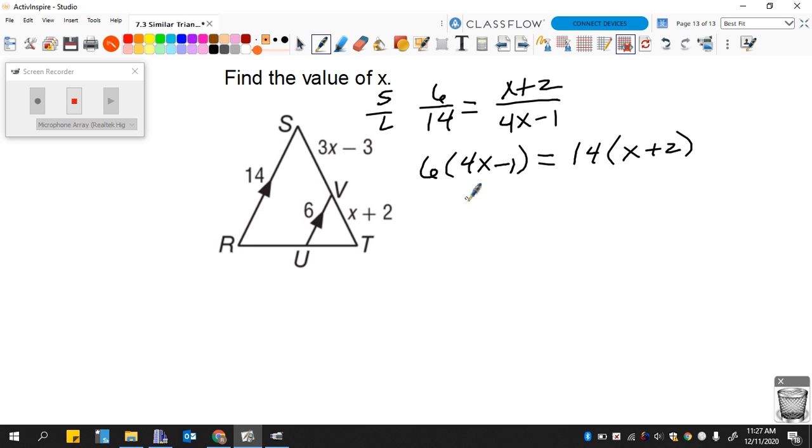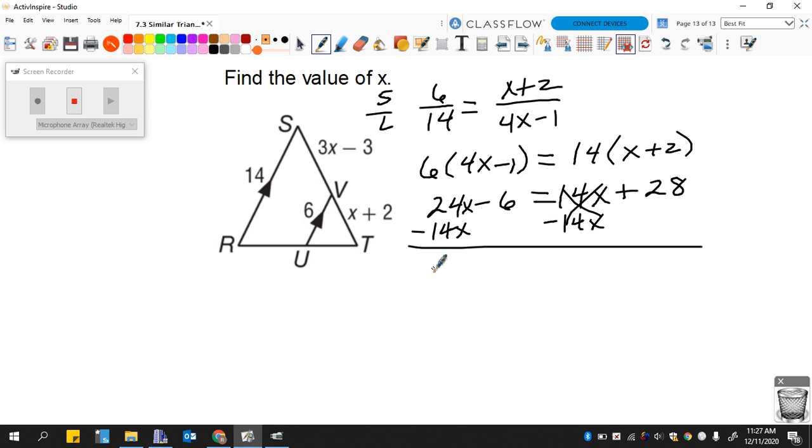Okay, and then solve it here. 6 times 4 is 24 minus 6 is equal to 14x plus 28. All right. This is 24x. I forgot to put the x down. So I'm going to subtract the 14x here. Cancels out. And I'm left with 10x minus 6 is equal to 28.